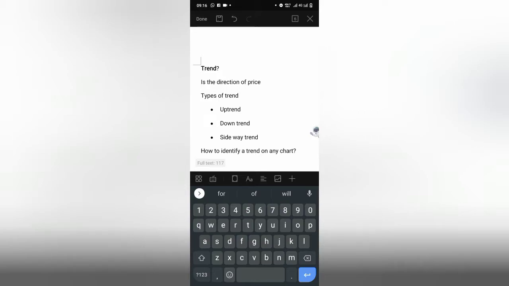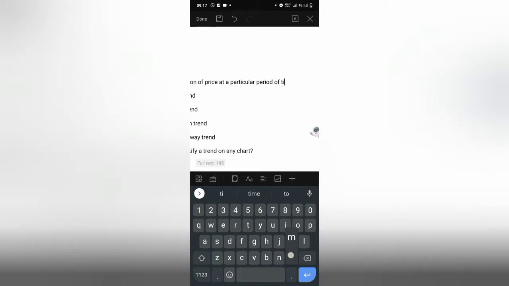So if you are defining a trend as the direction of price at a particular period of time, it could be 1 minute, 5 minutes, 1 hour, 1 day, 2 days, 1 week, a month, even yearly.